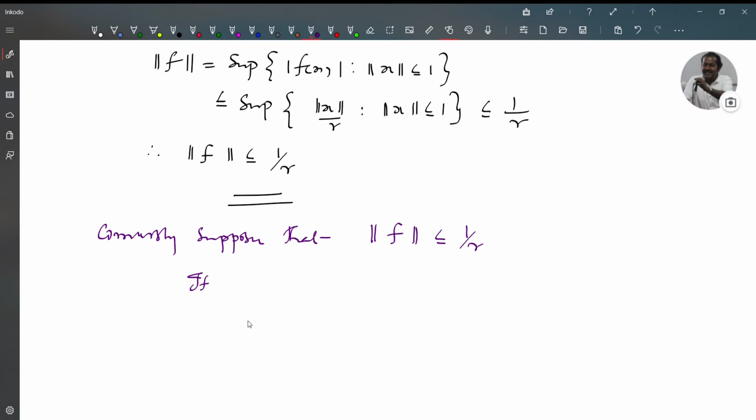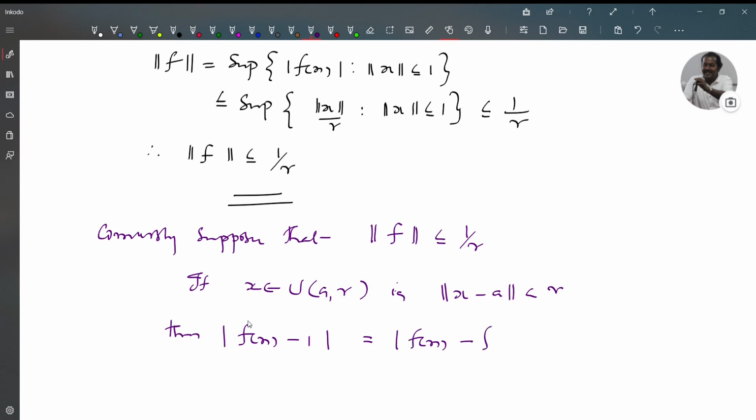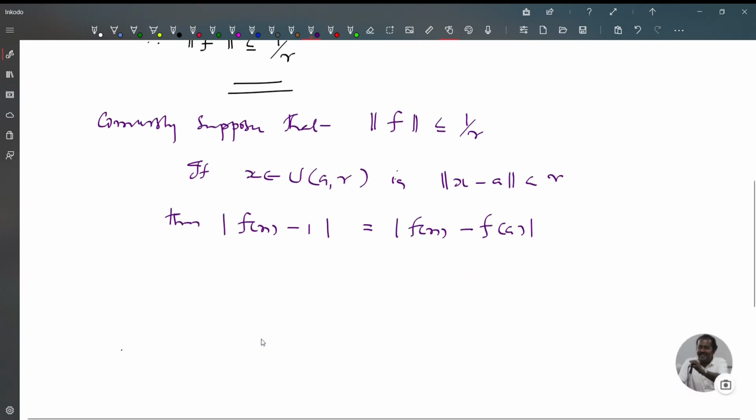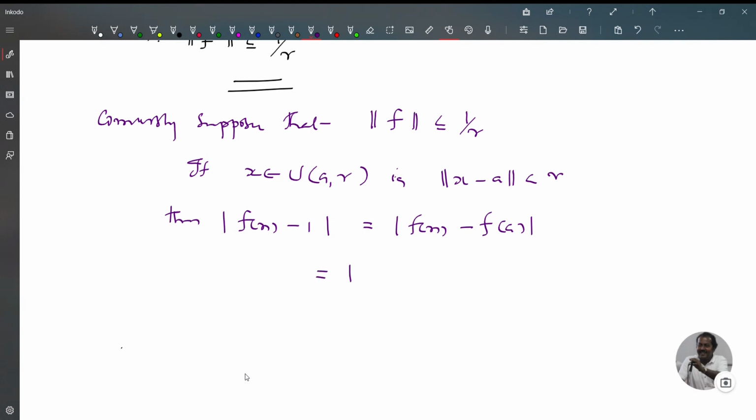So if x belongs to U(a, r), that is norm of x minus a is less than r, then modulus of f of x minus 1 is equal to modulus of f of x minus f of a, because f of a is 1, that is equal to modulus of f of (x minus a), and by definition this is less than or equal to norm f into norm x minus a.